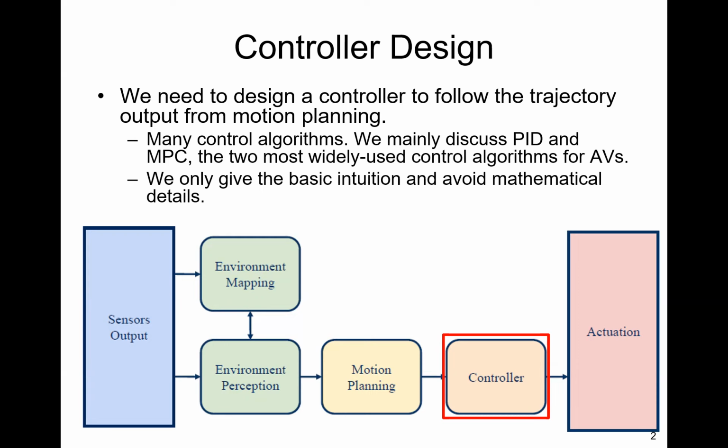And then the planning algorithm should perform high level or low level planning, and eventually produces a trajectory, a path with velocities at each time point on the path. And the controller's job is to follow the trajectory given by the planner.